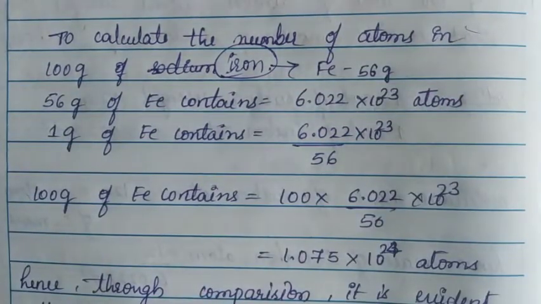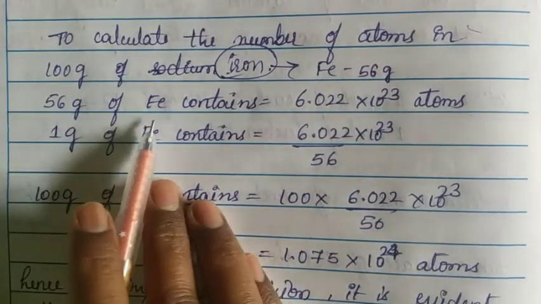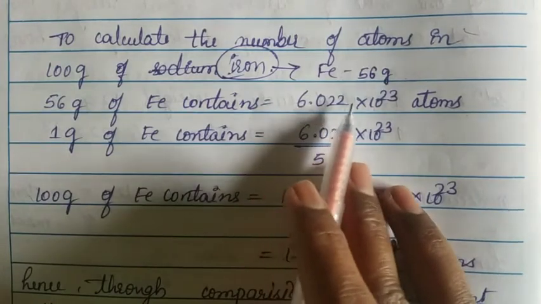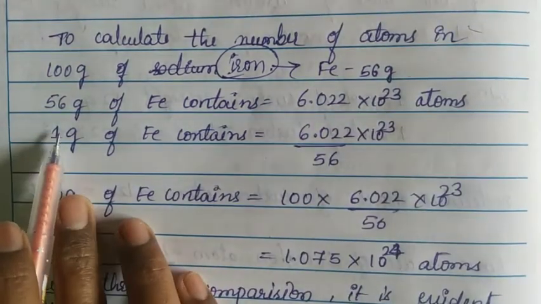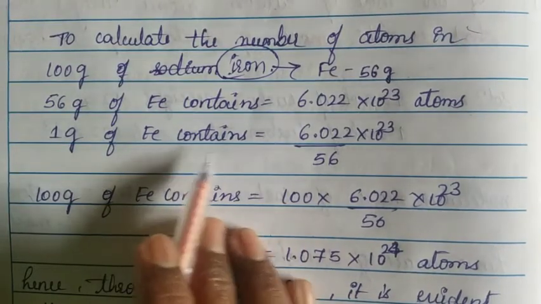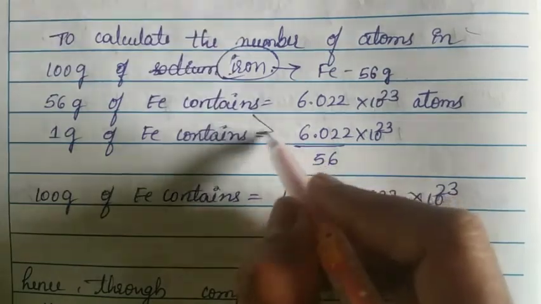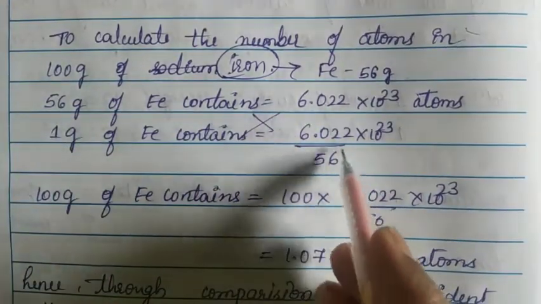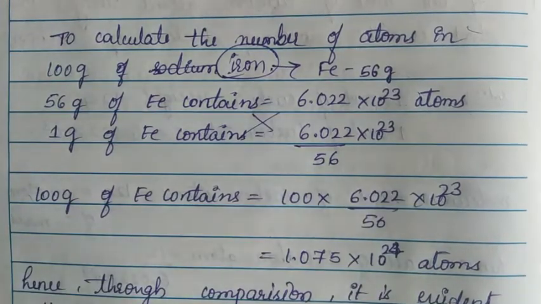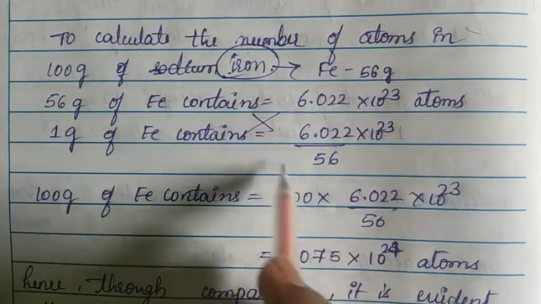Molar mass of the iron is 56 grams. 56 gram of iron contains 6.022 into 10 to the power of 23 atoms. Now let us calculate 1 gram of iron contains. Do now cross multiplication, here 1 is multiplied with this much and 56 comes to denominator. This number indicates 1 gram of iron containing atoms.